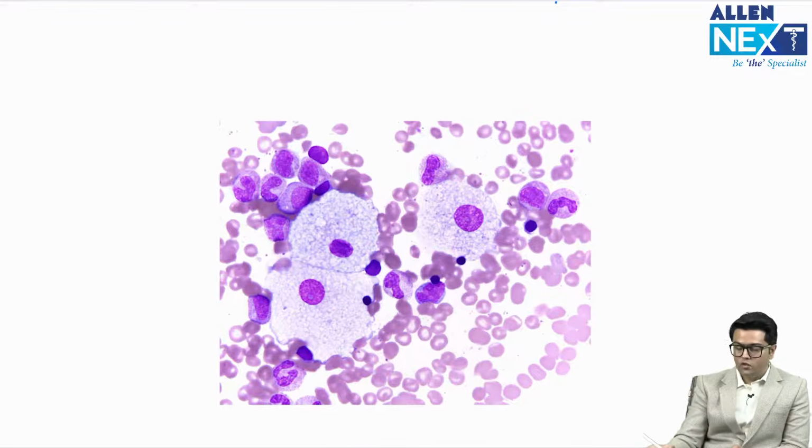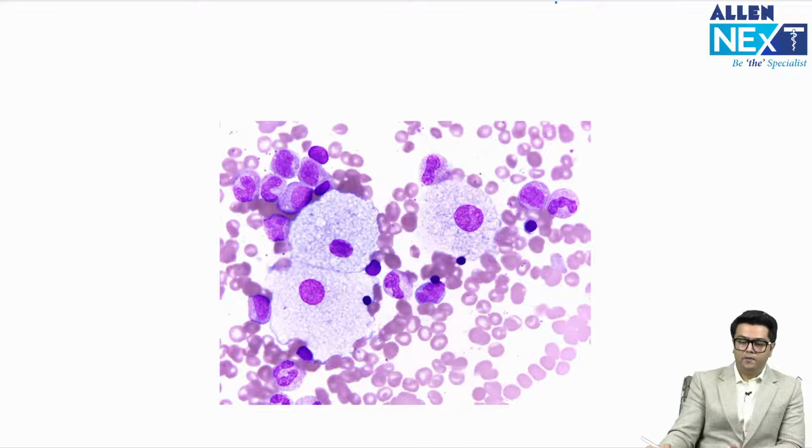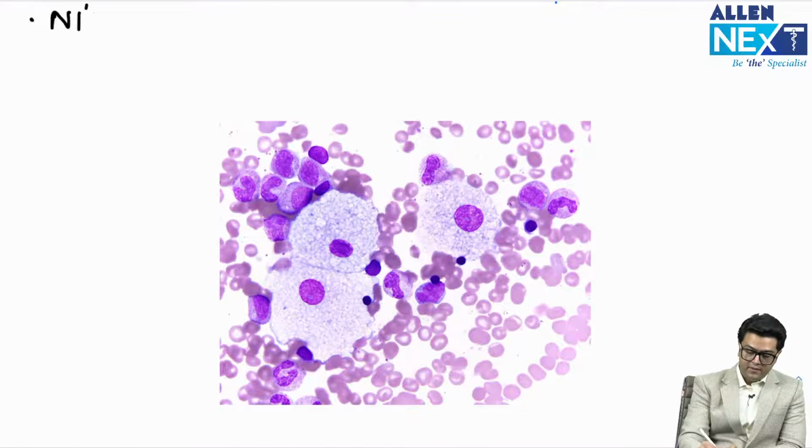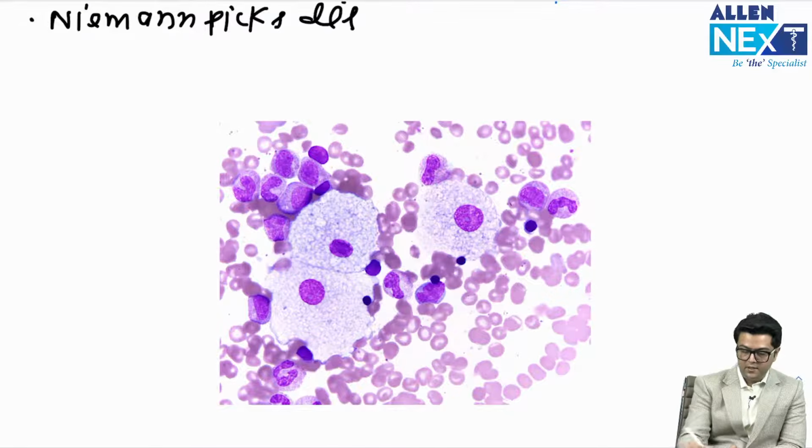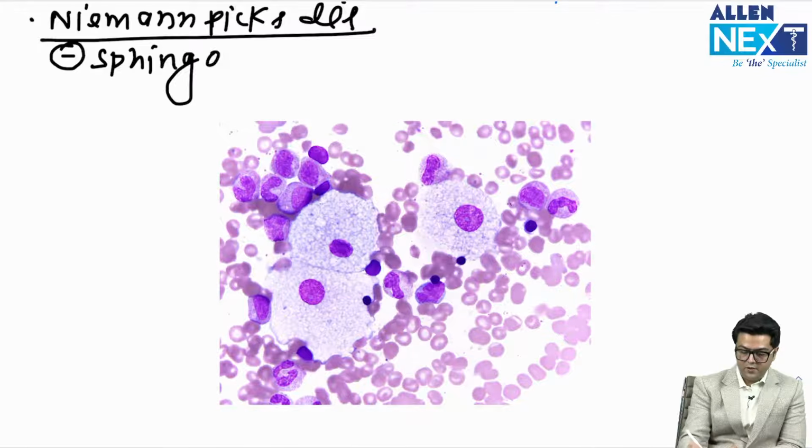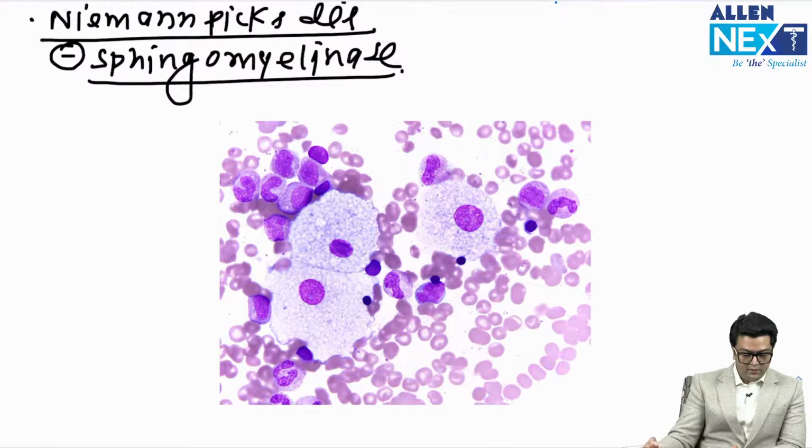You can see this image, which is difficult to identify directly, but in this case this is Niemann-Pick disease. In Niemann-Pick disease, the deficient enzyme is sphingomyelinase. No, this is not Gaucher's, I'm sorry guys. Sphingomyelinase is the name of the enzyme here.